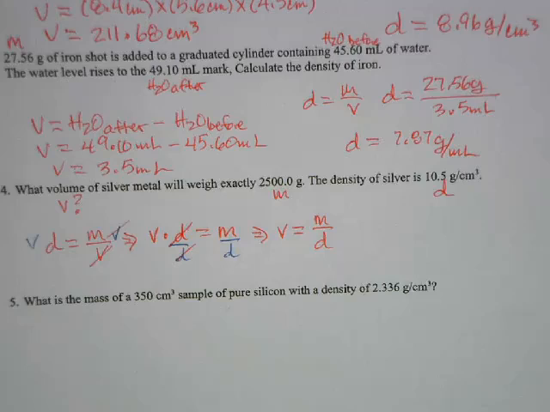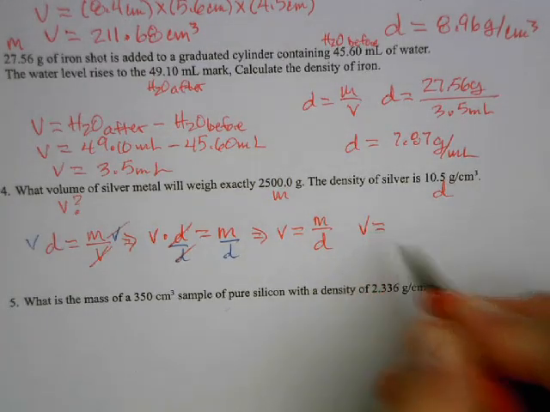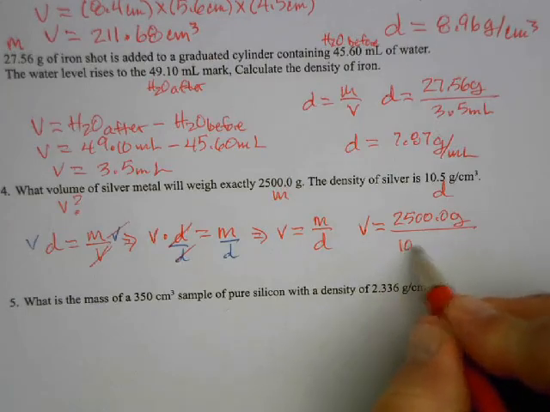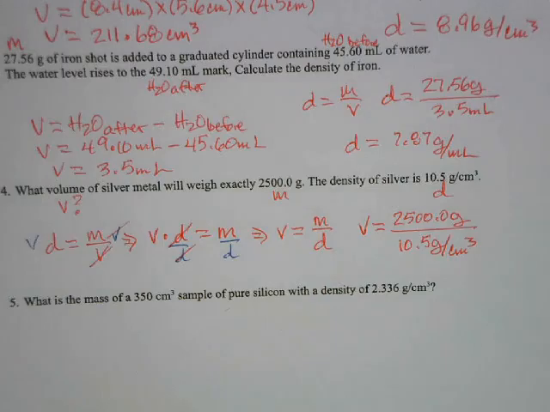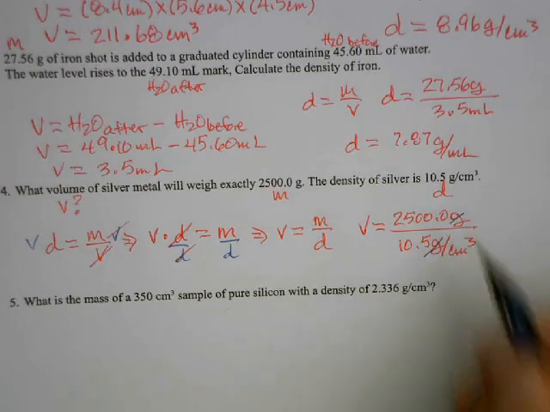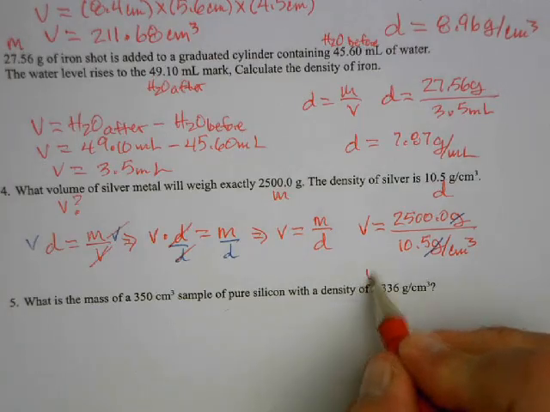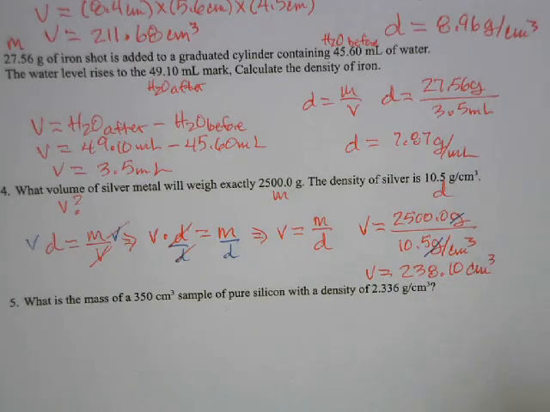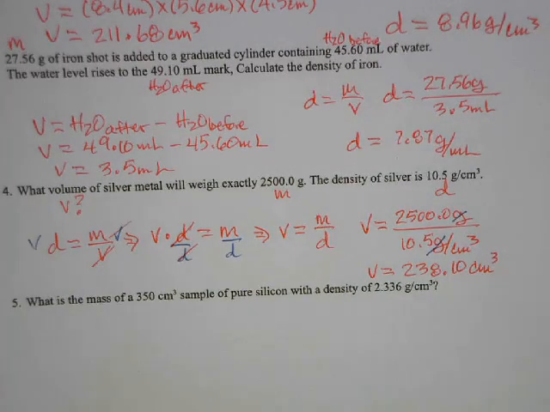The volume is the mass over the density, and note, essentially all that happened was I switched the D and the V. So now I can plug in my numbers. I have my equation, 2,500 grams, 10.5 grams per cubic centimeter. Please note the grams cancel, but my answer will be in cubic centimeters, which is a volume unit of measure. Any questions on that one?